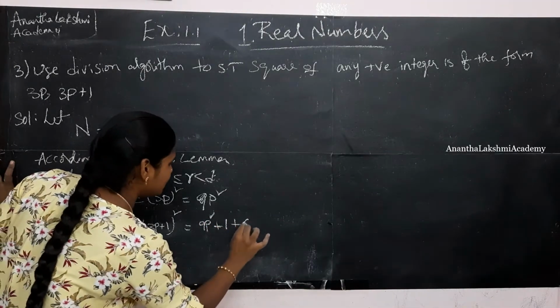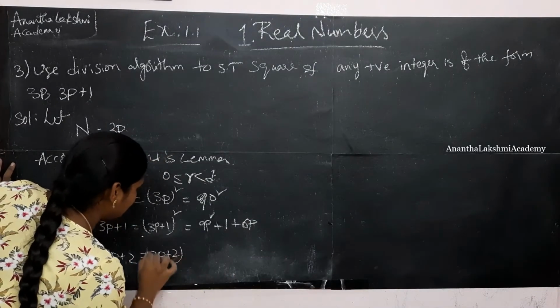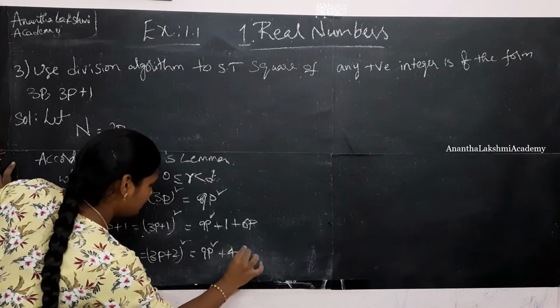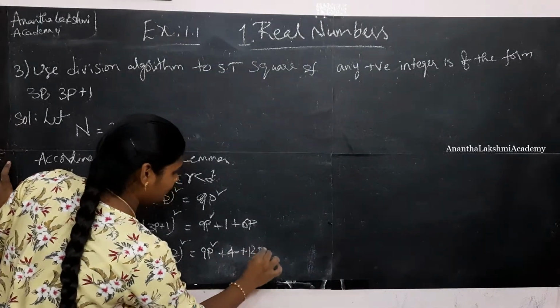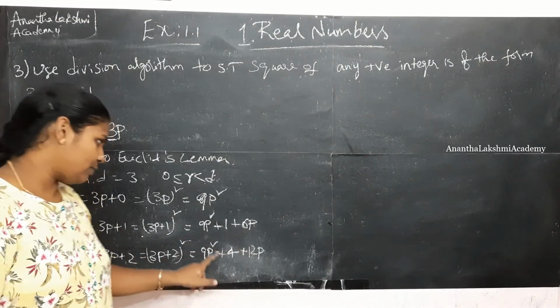And 3p plus 2 whole square is equal to 9p square plus 4 plus 12p, since 2 3s are 6, 6 2s are 12p. What I have done is just apply the a plus b whole square formula here.